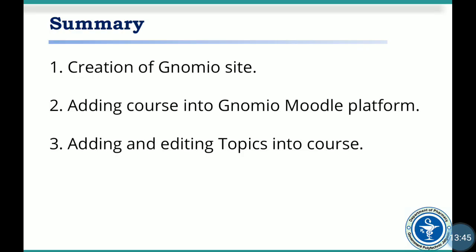Up to this point, we have learned how to create a Gnomio site. After that, we discussed the addition of a course into the Gnomio Moodle platform, and after that we added the lessons or topics into the created course.